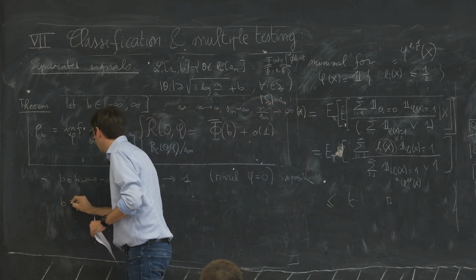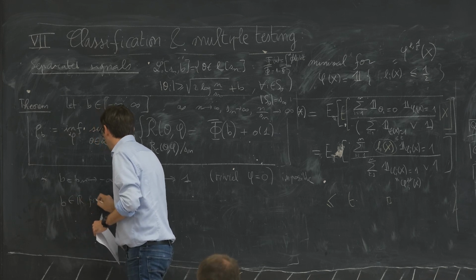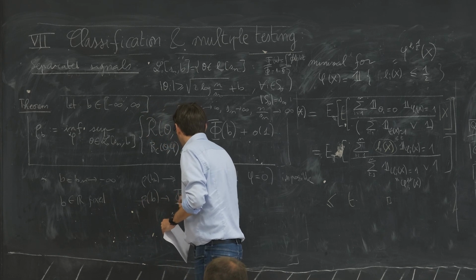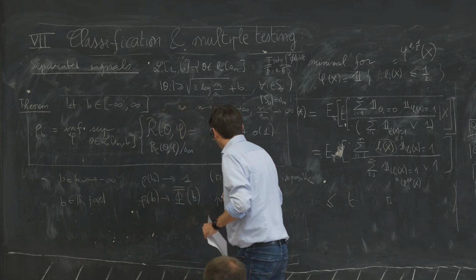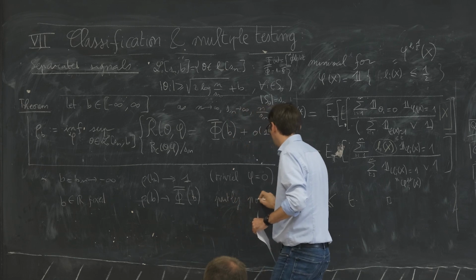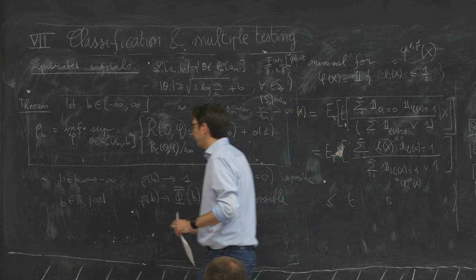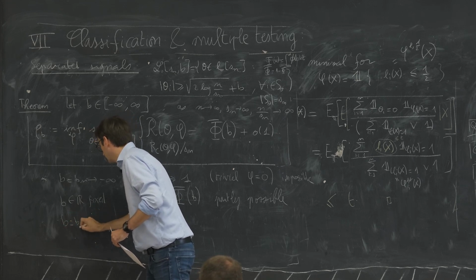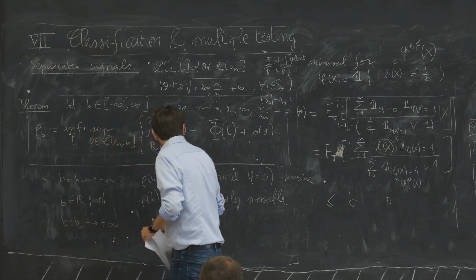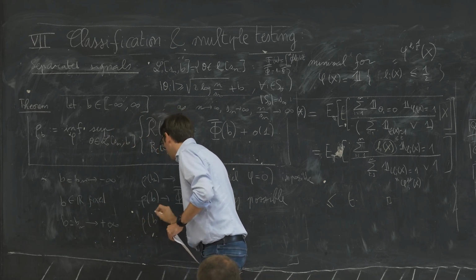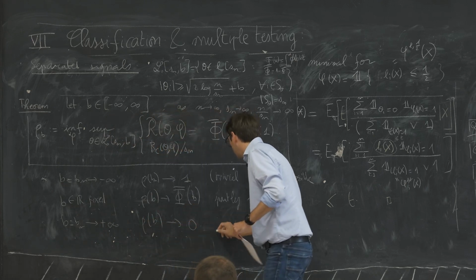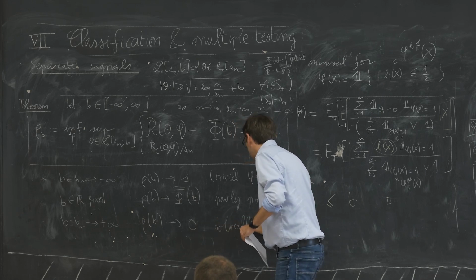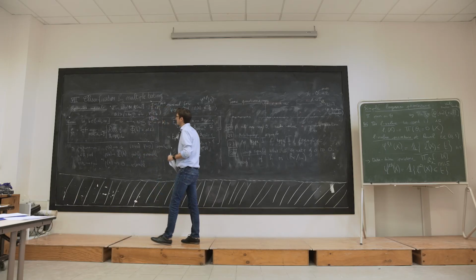If b is a fixed real, it's partly possible. Okay, so we get phi bar of b, so partly possible. And if b goes to plus infinity, then the risk goes to 0, and it's solvable, with multiple testing risk, or normalized classification risk, going to 0.